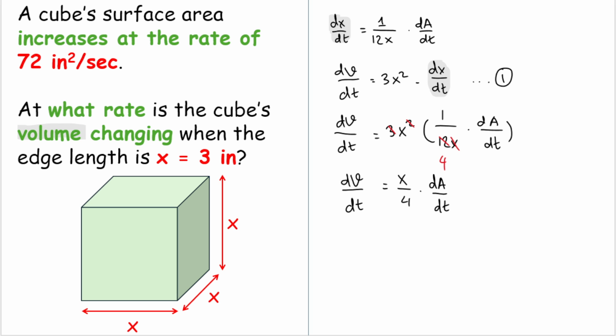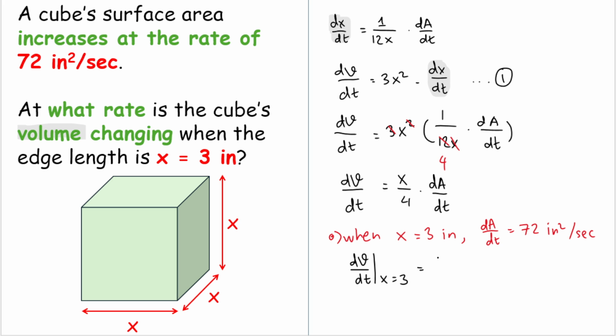Good. Now, let's plug in the numerical values. So we need to find out when x is equal to 3 inch. But we can also plug in this. We are given that dA/dt is equal to 72 inch squared per second. And so we can get dV/dt when x is equal to 3.